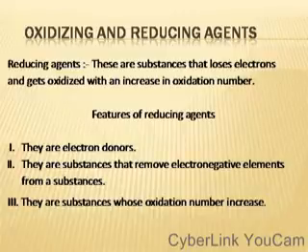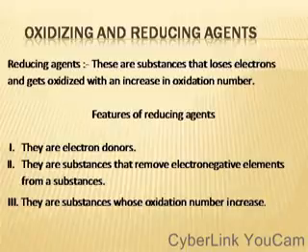Now let's look at the reducing agents. Reducing agents are substances that lose electrons, that means they donate electrons, and they get oxidized in the process, and their oxidation number increases. Features of reducing agents: they are electron donors, that means they donate electrons. They are substances that remove an electronegative element from a substance.